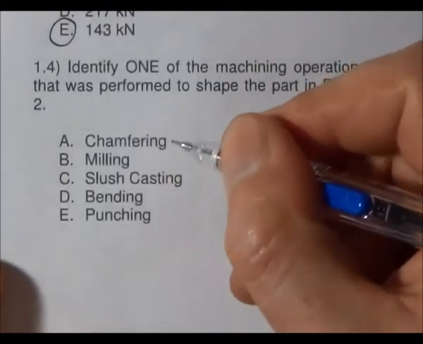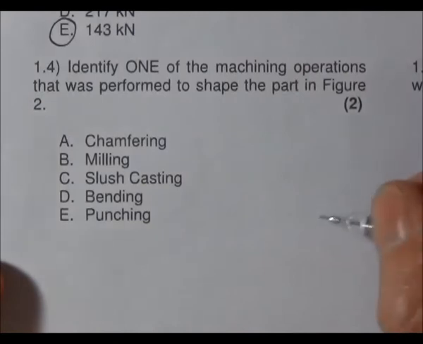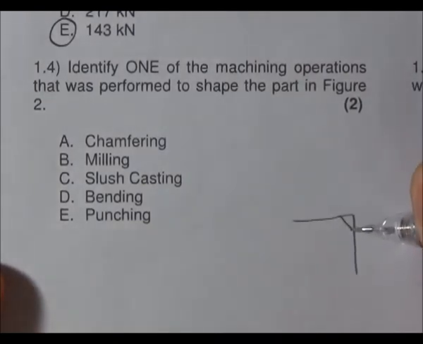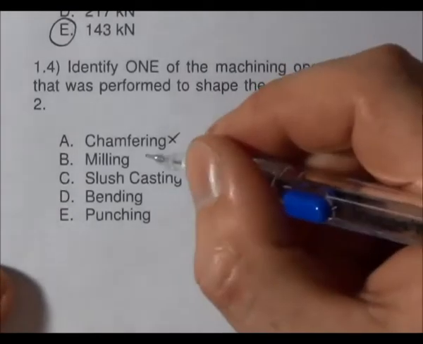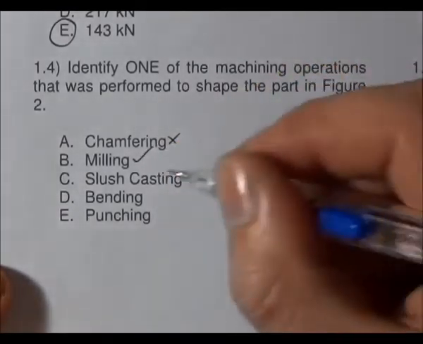We have chamfering. So chamfering is when you take a sharp corner and you cut it off at 45 degrees to yield that kind of shape. So chamfering was not used. Milling was used.